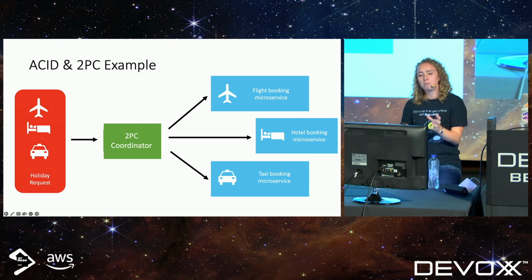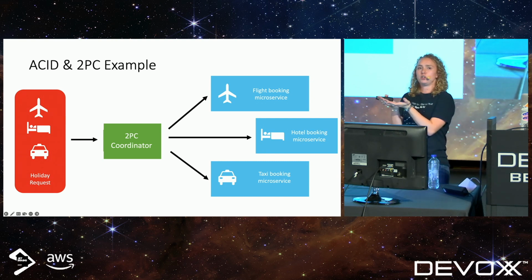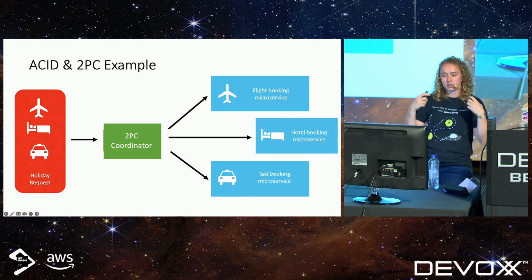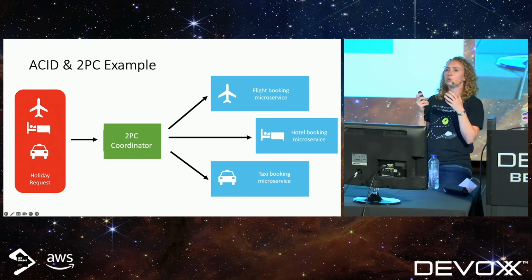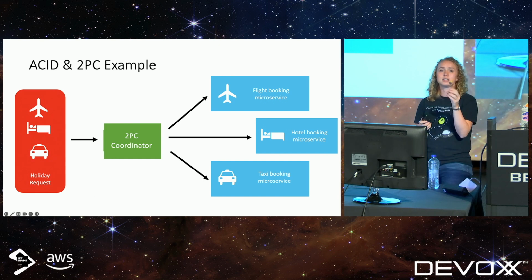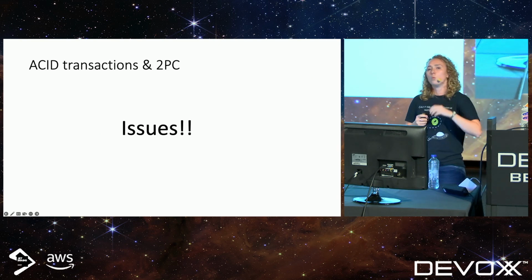So the problem with just lifting and shifting this into a more cloud-native application where everything is distributed is there are several issues with using ACID and 2PC in this regard. One of those is how slow it can be.